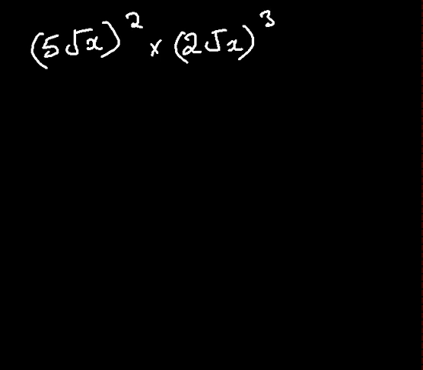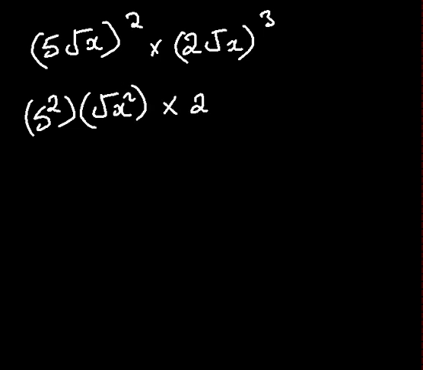Now how should you have this? In this case, this is the same as 5 to the power 2 times the square root of x to the power 2. And then times, we have 2 to the power 3 times the square root of x to the power 3.